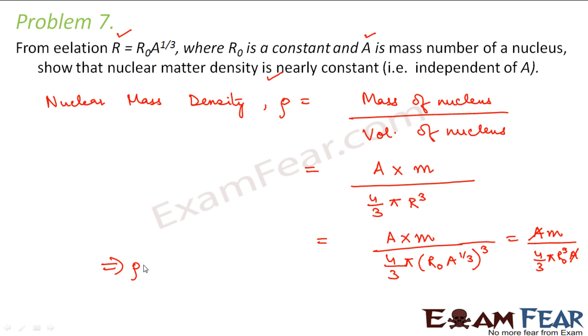So therefore we get rho is equal to 3m divided by 4 pi r naught cube. So if you look at it, r naught is a constant, m is the mass of each nucleon, which is again a constant, and A is not at all there, that is, mass number is not at all there. So this shows that the nuclear mass density is independent of A, that is, it is nearly constant.